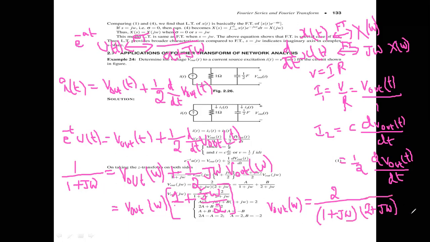Now, we have already seen how we can find the inverse Fourier transformation. The inverse Fourier transformation converts the frequency domain function into the time domain function, either by using the convolution property or by using the partial fraction method. Here I will convert this using the partial fraction method, and I will explain on the whiteboard.